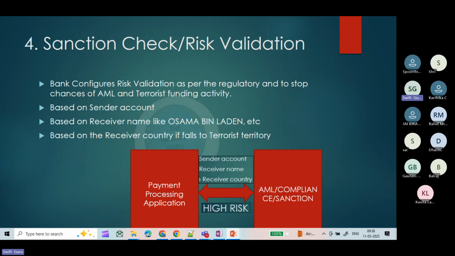Whenever you try to initiate a transaction, even with a genuine person, if the beneficiary customer name is Osama, let's say Osama Mirza, the transaction will fall into manual intervention. It will not be processed automatically by your cross-border payment system. It will be parked in your manual intervention queue, and the operations user will manually intervene and operate the transaction, just to ensure there isn't any sort of risk associated with it.